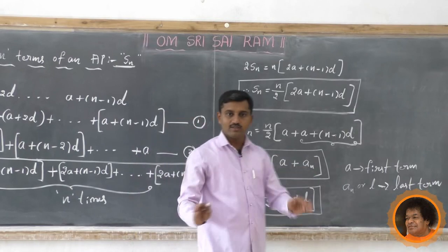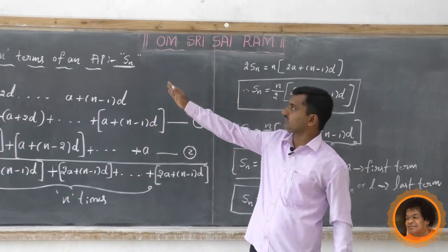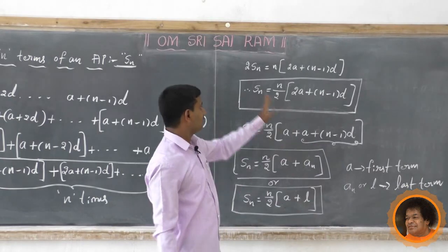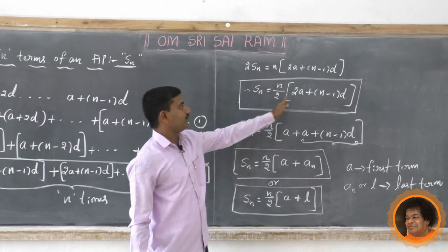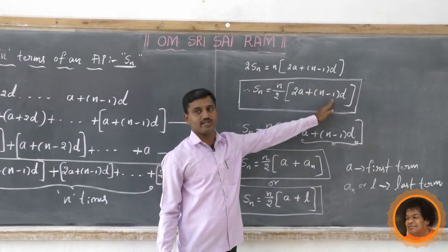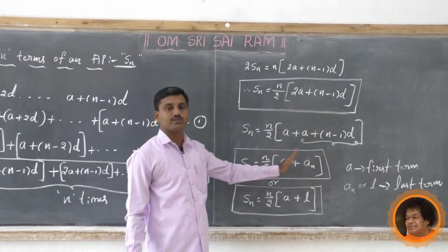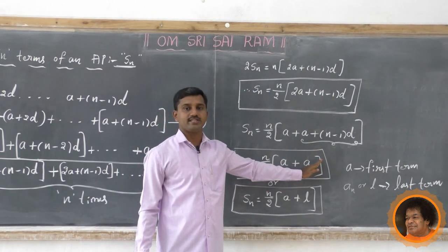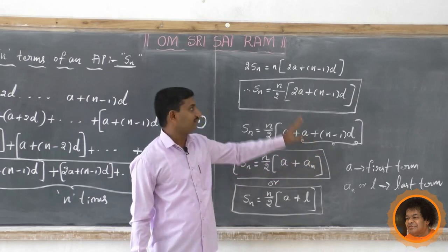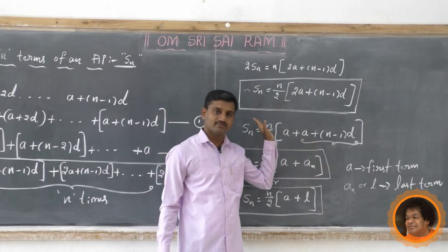So the formula to find the sum of first n terms of an arithmetic progression, Sn is equal to n by 2 into 2a + (n - 1) into d. If the first term and the last term are given, the formula is n by 2 into a plus an. I think this formula is clear. Okay.